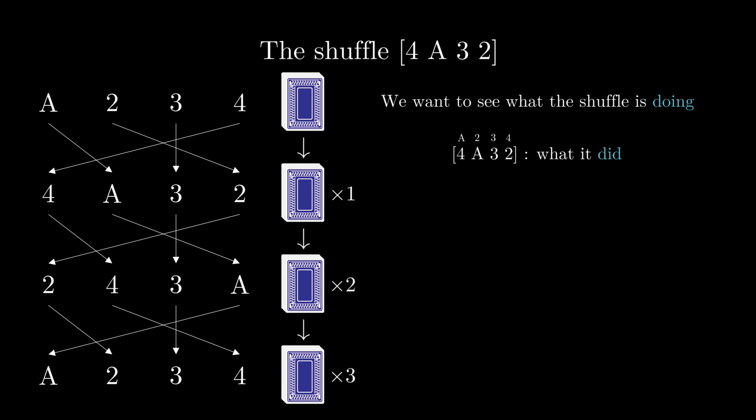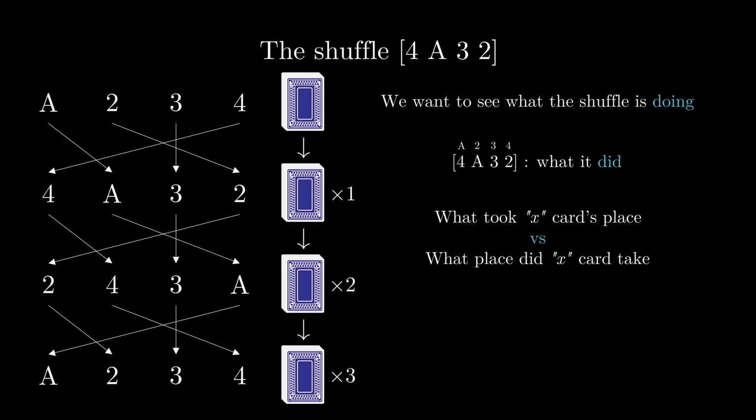Instead of seeing what now occupies a card's place, let's see what happened to that card, i.e. what place it got sent to. We will treat the shuffle as a map. Maps are incredibly common in maths and tell us where to send things. So now ace goes to 2, 2 gets sent to 4, and so on.